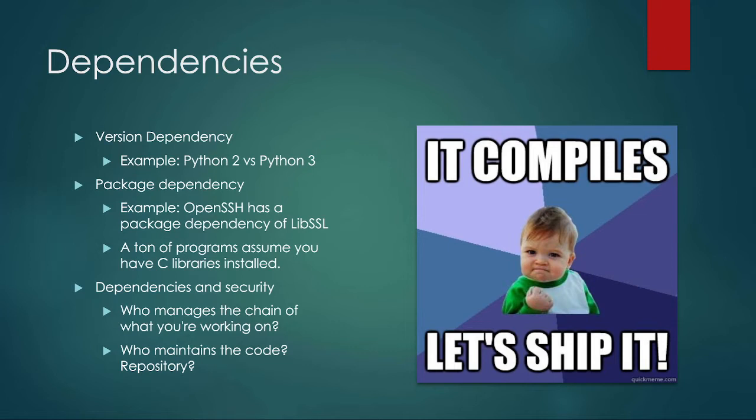For example, the OpenSSH package assumes that you have libSSL installed, and if you don't, you have to make sure that you install it. It's also really common that programs will assume that you have the C libraries installed. A lot of developers really enjoy writing in C for whatever reason, and then they're going to assume that you have all of the libraries, and if you don't, that can create issues.